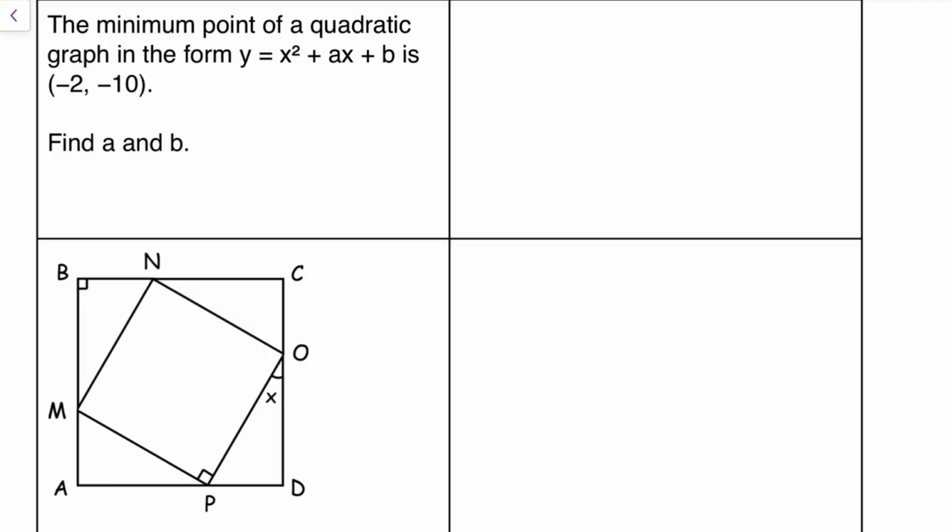The minimum point of a quadratic graph is in the form of this. Find a and b. Right, 2 ways of doing this. Way 1 is you do a reverse complete the square and then solve for a and b. The much easier way is you know the vertex is minus 2, minus 10, which means the completed square form must be x plus 2 squared minus 10.